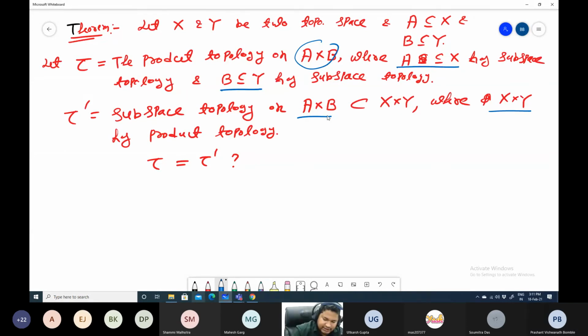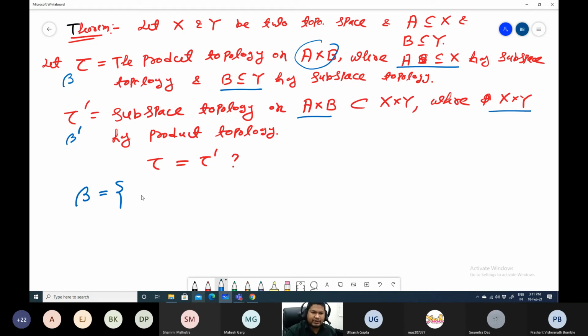Okay, first let's see about the basis. Say this is the basis element for this and this is the basis element for this. Now tell me, what is the basis element for beta? What will be the elements of beta? That means the basis elements for tau. So that is the product topology of A cross B, where A has the subspace topology and B has the subspace topology, right?